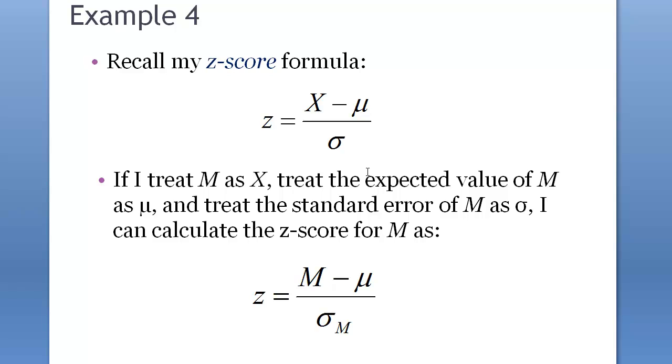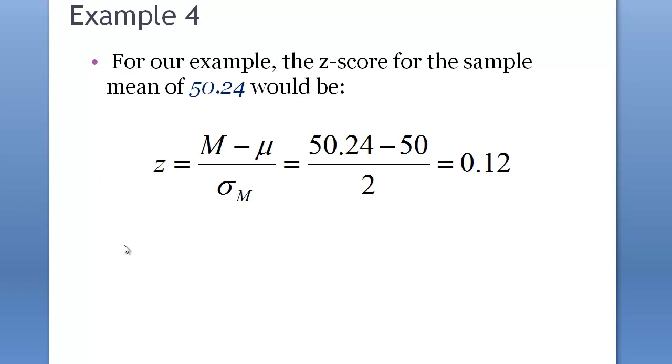So if I treat M as X and treat the expected value of M as mu and treat the standard error of M as sigma, I can calculate the z-score for M as the z-score for a sample mean: sample mean minus population mean divided by the standard deviation of sample means. Okay, that's what it is. But let's look at the actual problem. This makes much more sense.